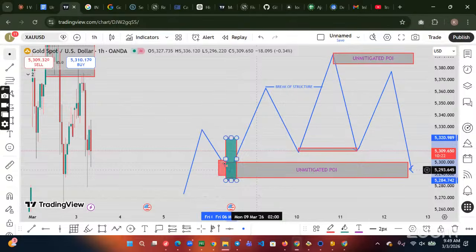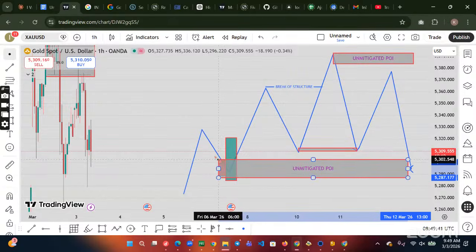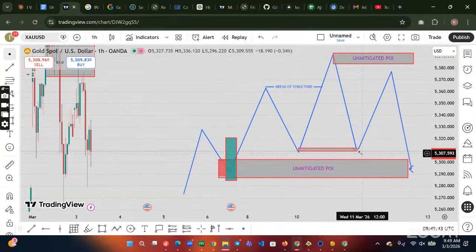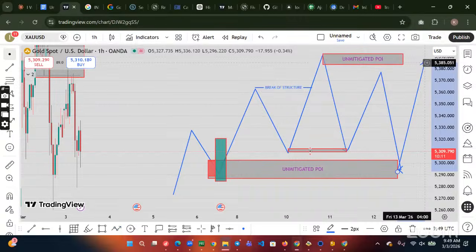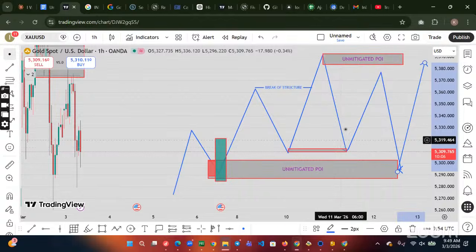So this your bullish engulfing, right? This zone is really valid. Why? Because there was an inducement. Inducement means the market has killed those they want to kill.